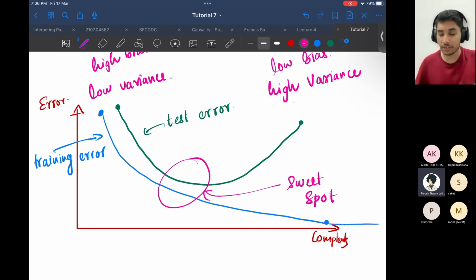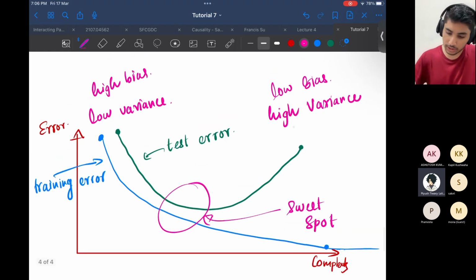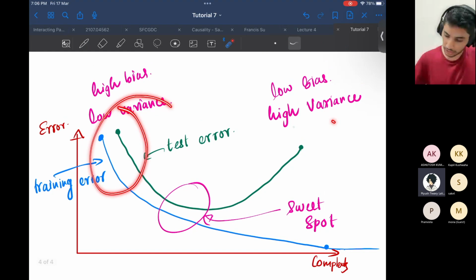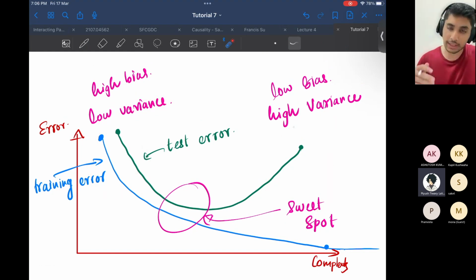I hope I was clear that both these regions are not good for us. At the end of the day I am going to deploy my model in the real world, hence I want something which has low test error. I don't want just low training error, I can make that low by just memorizing the data.